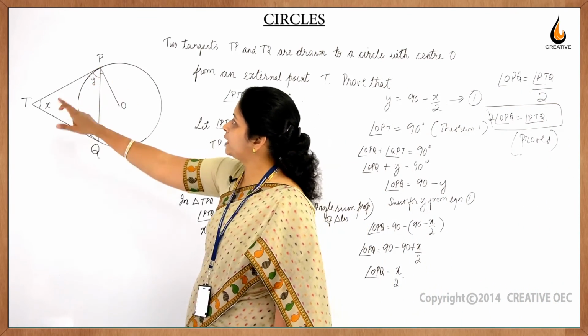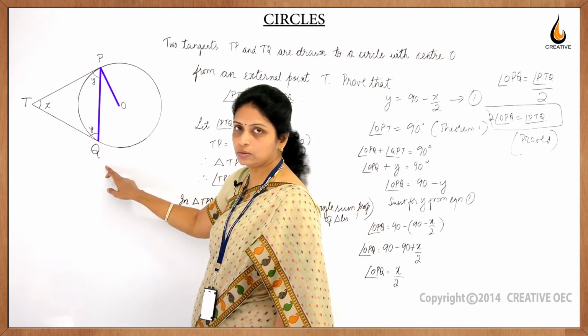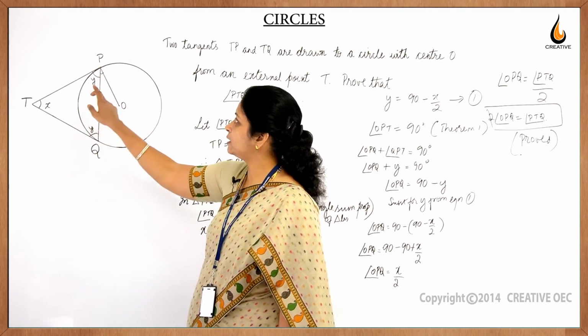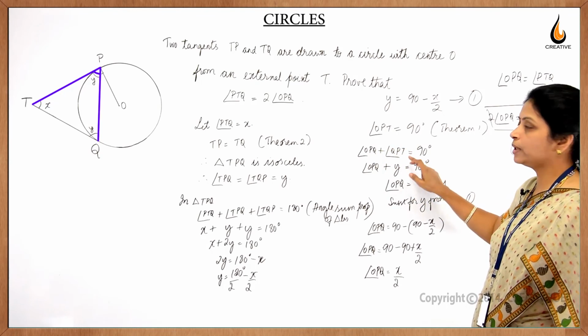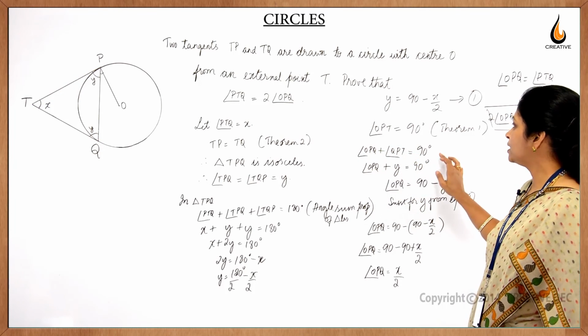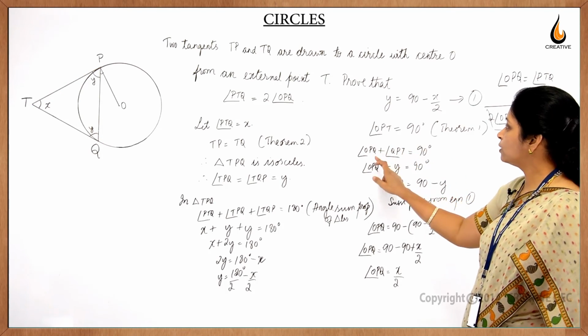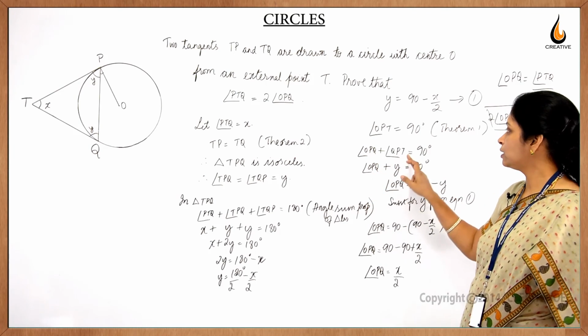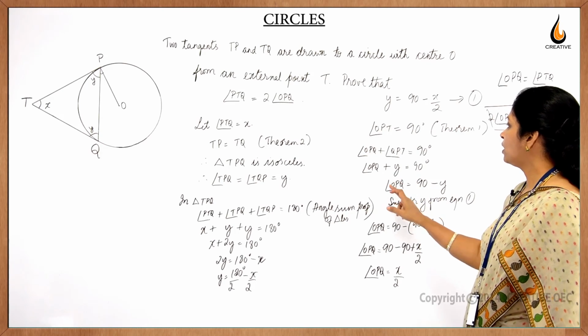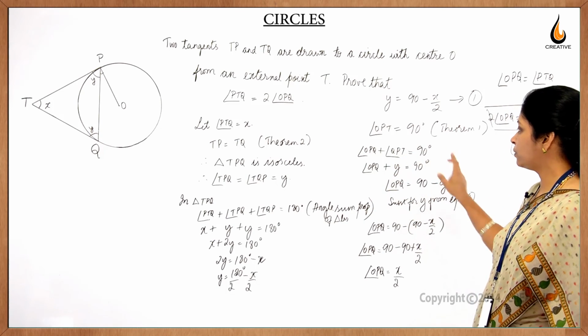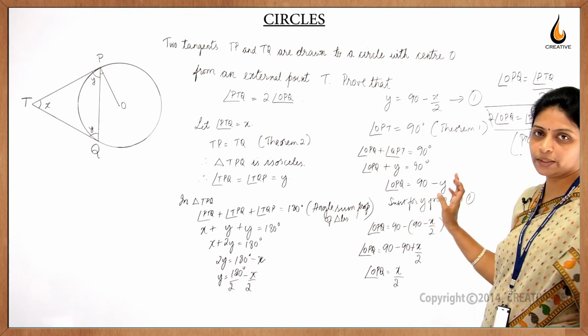So, we have written OPT as OPQ plus QPT is equal to 90 degrees. Then OPQ is what we have to find out, QPT is equal to y we have taken. So, angle OPQ is equal to, you take y to the right hand side, it becomes 90 minus y.